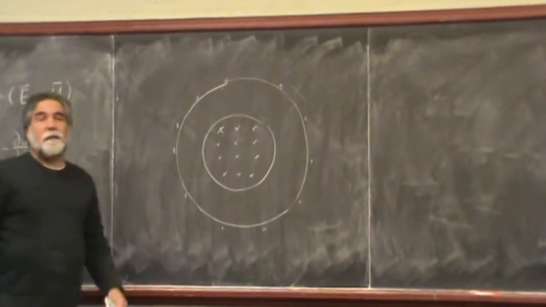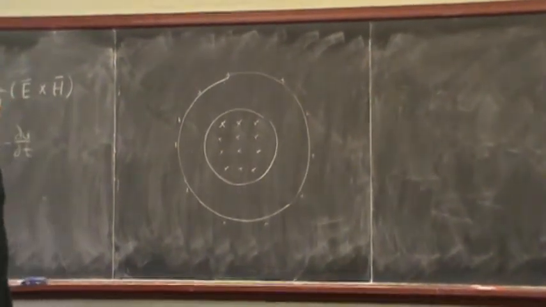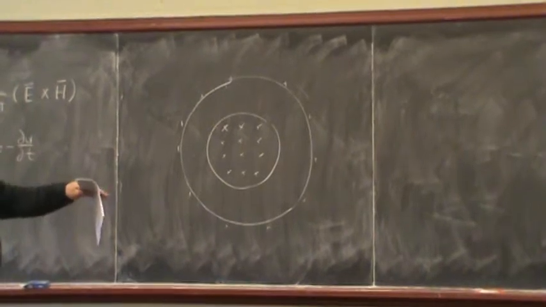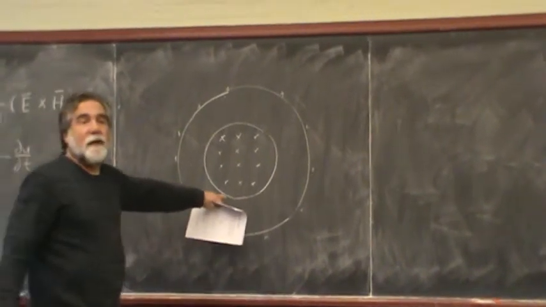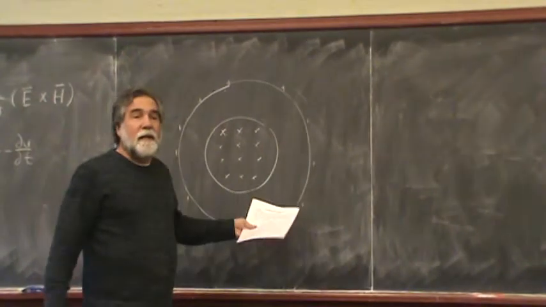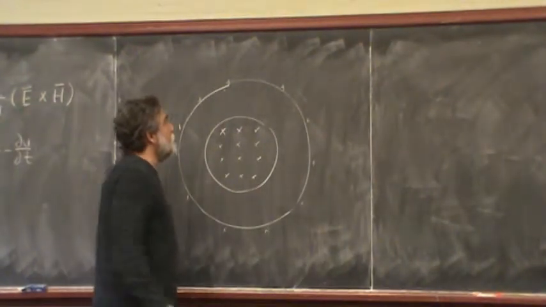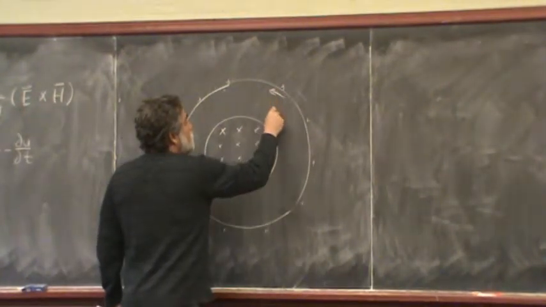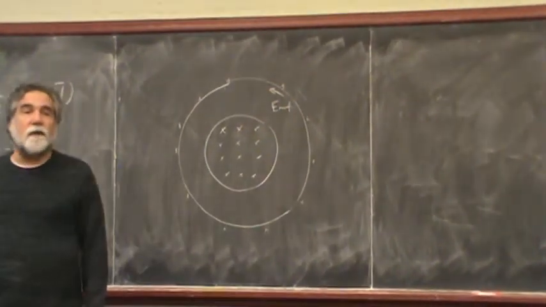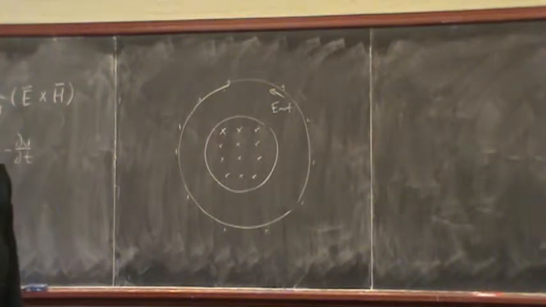Originally I had the field there. And then I start changing the field. It doesn't matter which way I change it, I just change the magnitude of the field, okay? Well, we already know that when I do that, I'm going to induce an EMF around the loop. Lenz's law is going to induce an EMF.